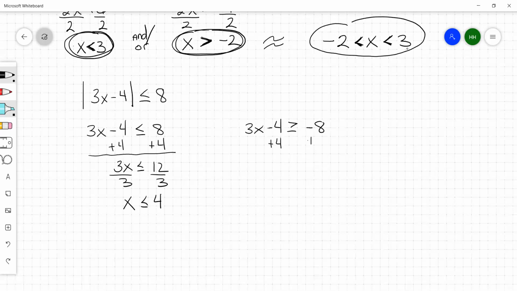On the right equation, we add 4 to each side. 3x greater than or equal to negative 4. Divide both sides by 3. X is greater than or equal to negative 4/3.